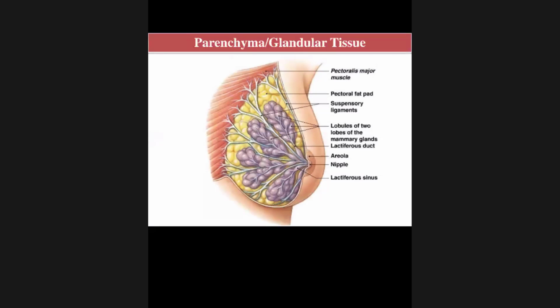The lactiferous duct is the largest duct and opens at the summit of the nipple. Just before termination the lactiferous duct is expanded, and that is called the lactiferous sinus. The literal meaning of sinus is blind end, but it is not blind here. Here it opens into the nipple.